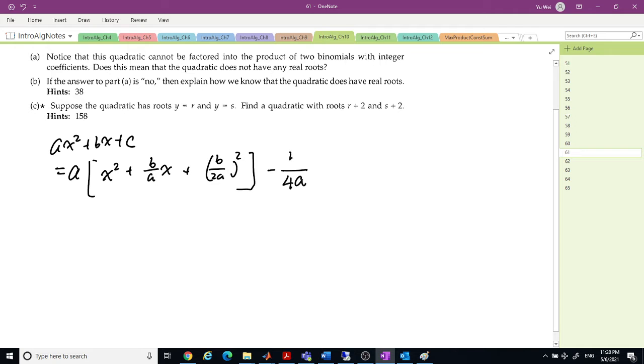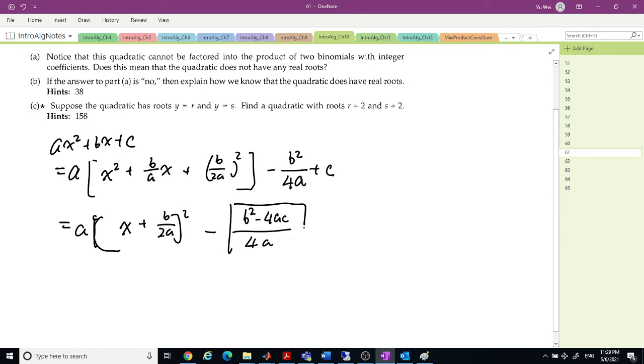b squared over 4a squared plus c over a, right? So we have a times (x plus b over 2a) squared, then minus (b squared minus 4ac) over 4a.